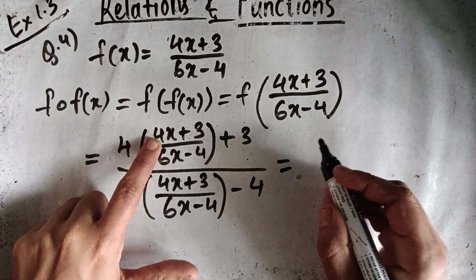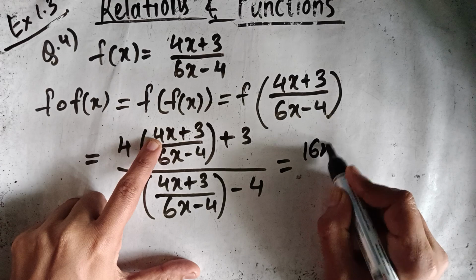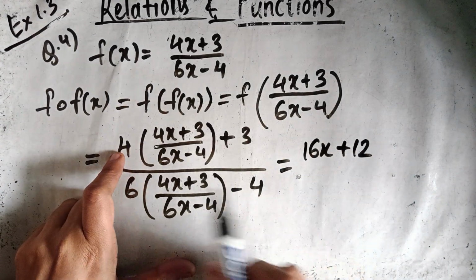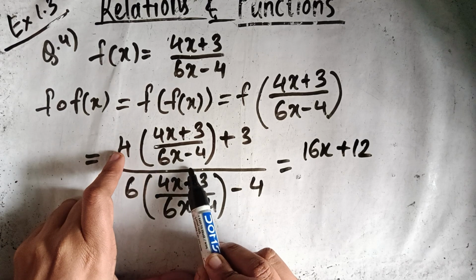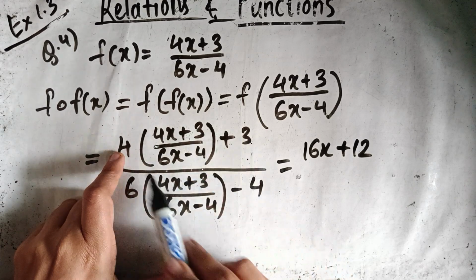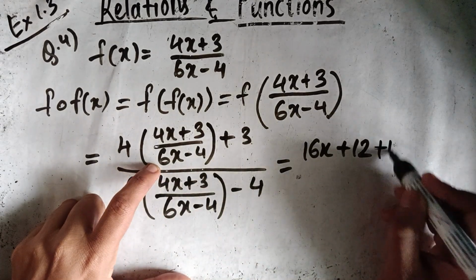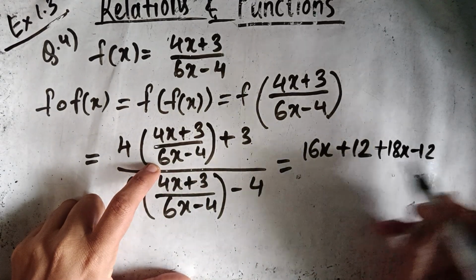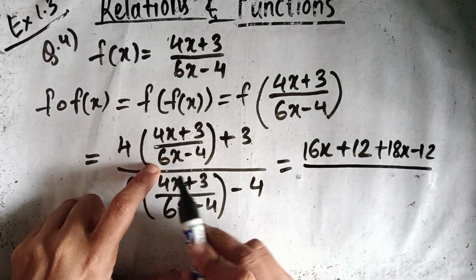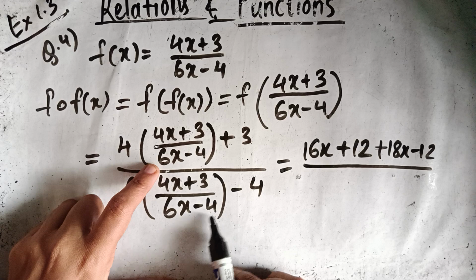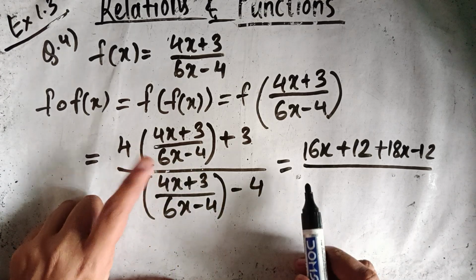Multiplying this to the numerator, you will get 16x plus 12. The denominator will get multiplied here, doing the cross multiplication. So we will get here 18x minus 12 upon the denominator, and here also you will get the same denominator. So both the denominators will get cancelled.